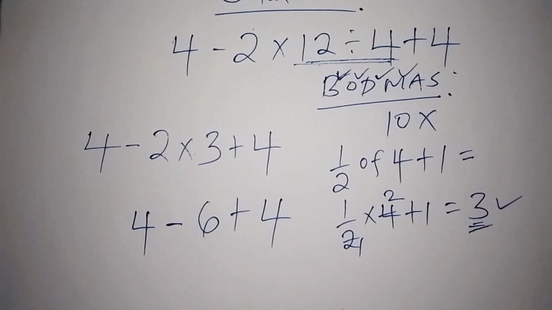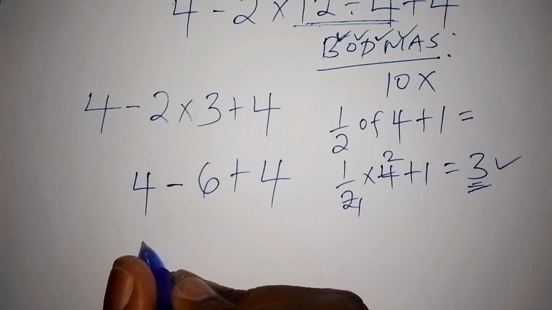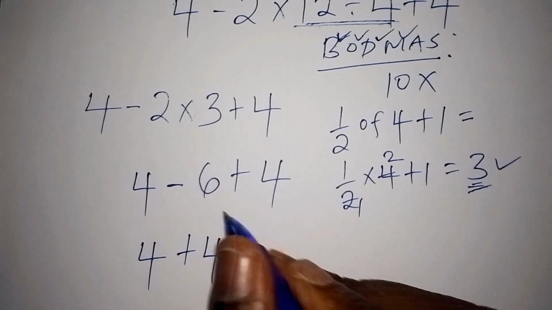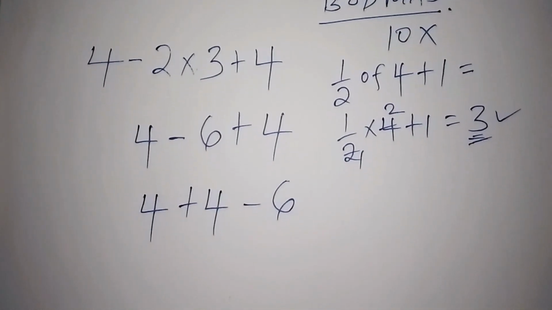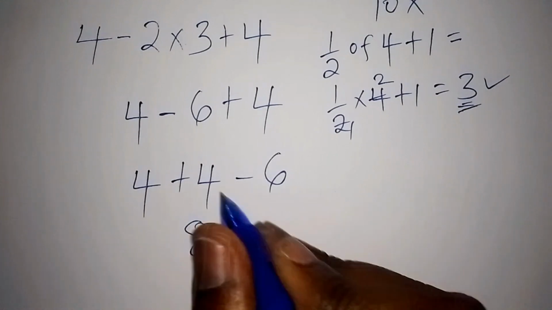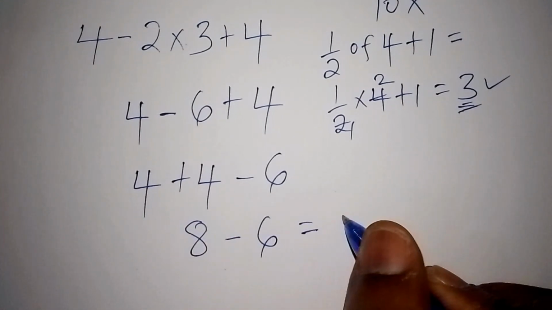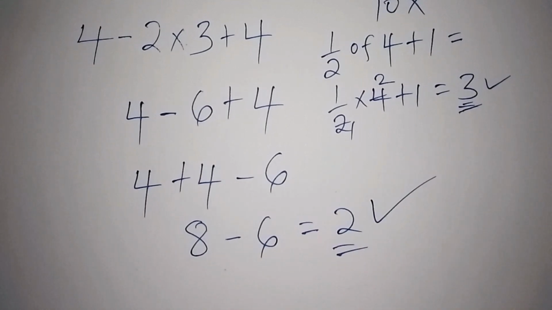From there, we can rearrange it by having 4 plus 4, then finally minus 6. So 4 plus 4 we shall have 8, then 8 minus 6, our value is 2. So now you can see that when you worked it out very clearly, our final answer arrives as 2.